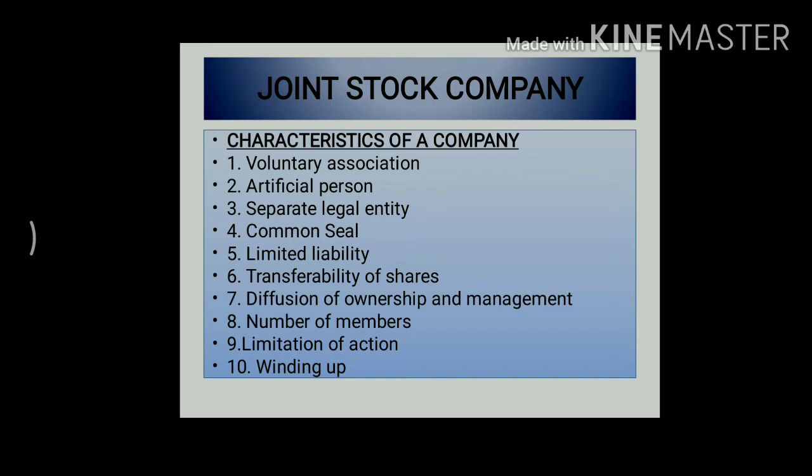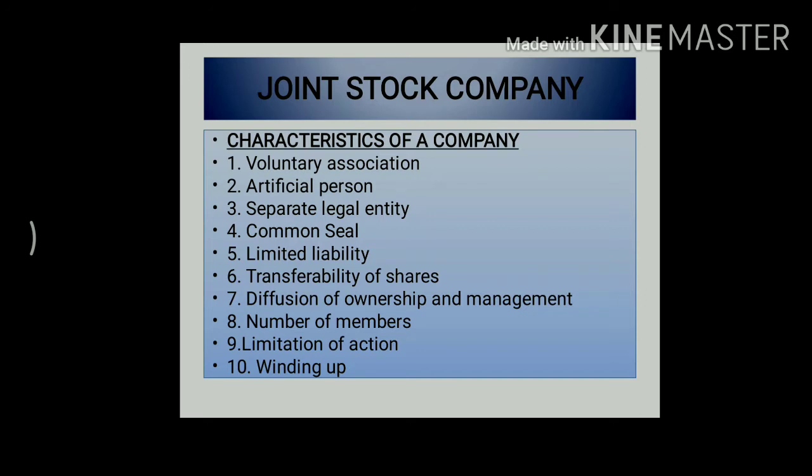Moving to the next is artificial person. See, company is created by the law. So, although the company is not a human being, it's not having any body, neither does it have its own mind, but still its existence is the same as a person. How? See, as per the Companies Act, if a company is being formed, that means this artificial person is being formed, then there can be the contract of buying and selling.